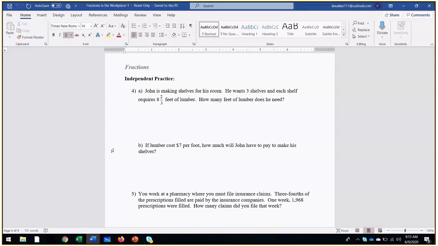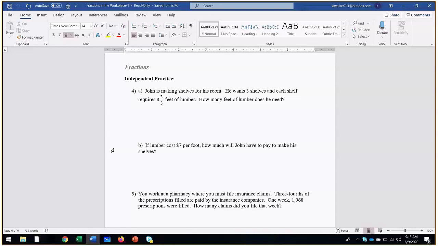Okay, John is making shelves for his room. He has 3 shelves, and each of them requires 8 2/3 feet. How many feet of lumber does he need? So he's making 3 shelves. They're each 8 2/3 feet long.